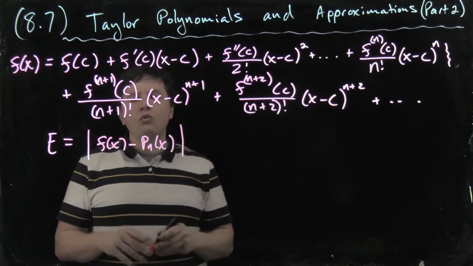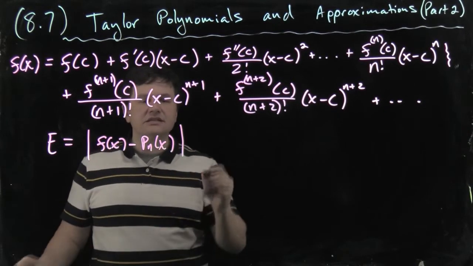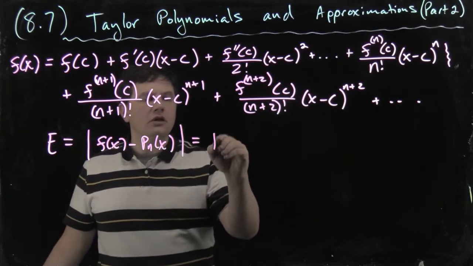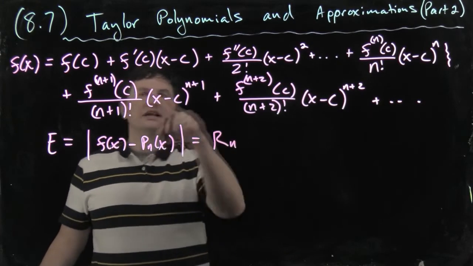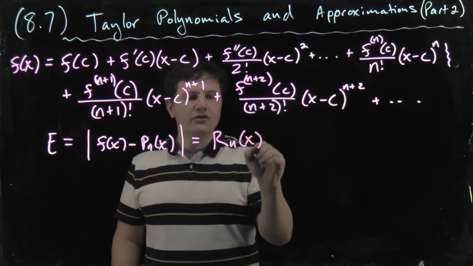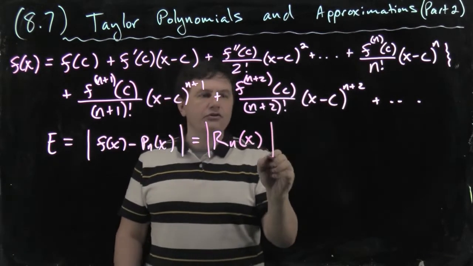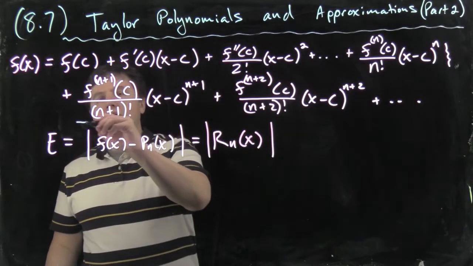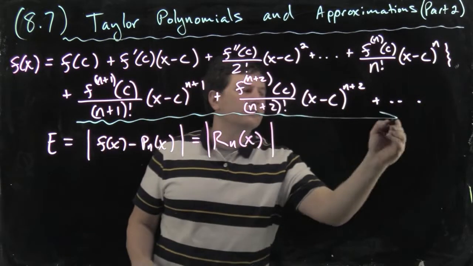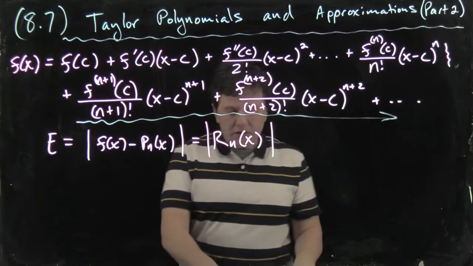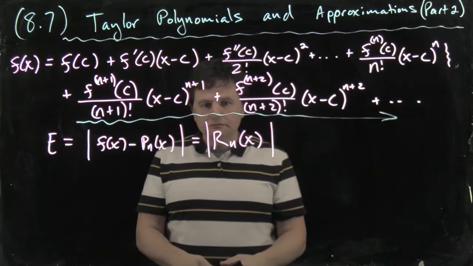Okay, so what we realize here is that this is actually equal to the remainder, the part that we didn't use. We call this the remainder term. This remainder term is going to end up being all of this stuff. So the remainder is an infinite series in its own right.